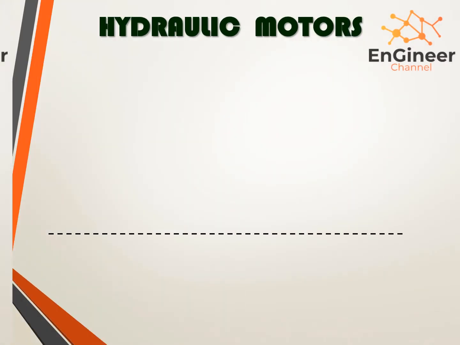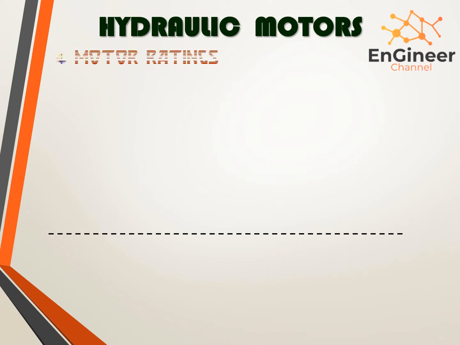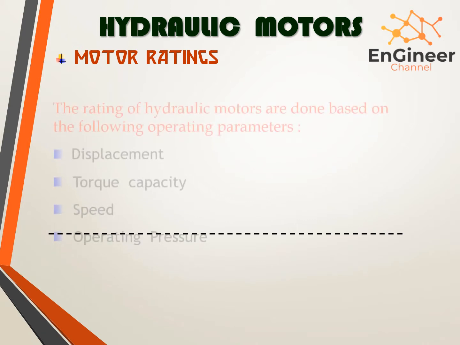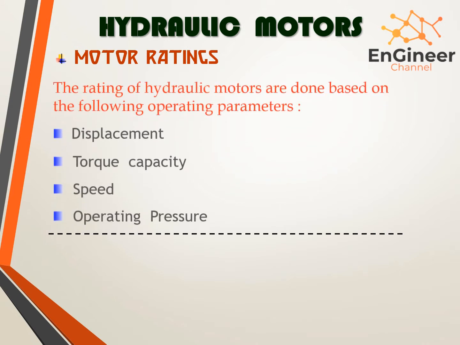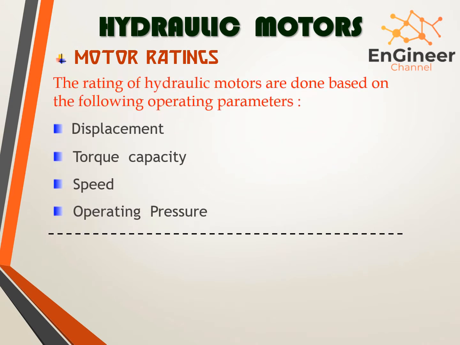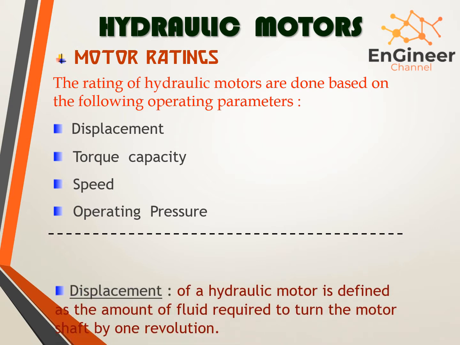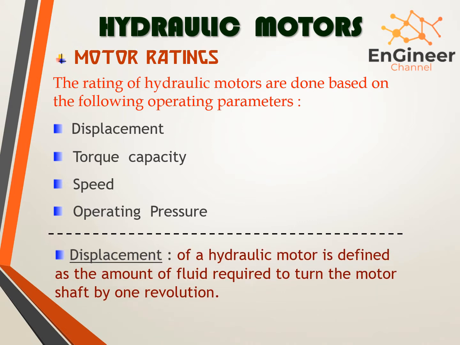Now we turn to another thing, which is the motor ratings. What are the ratings of a motor? The rating of hydraulic motors is based on the following operating parameters: the displacement, the torque capacity, the speed, and the operating pressure.